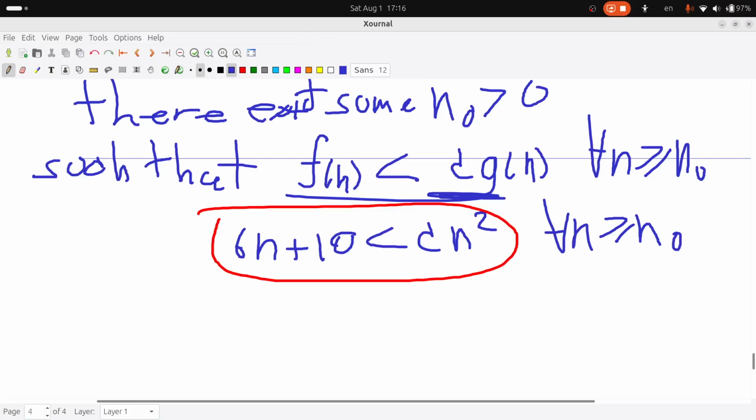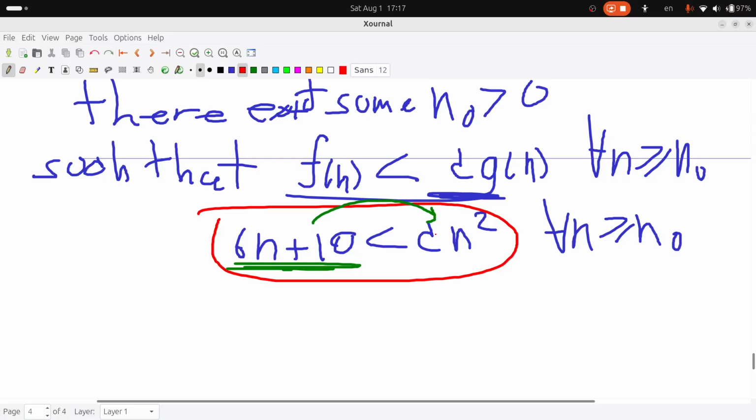I think we can do the same thing as for the theta notation, where we try to transform this equation into this equation.